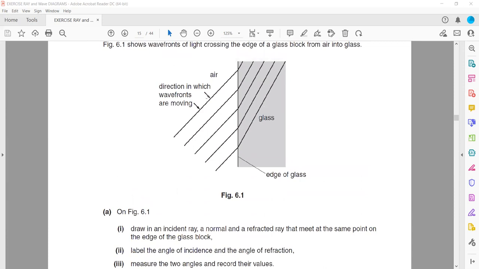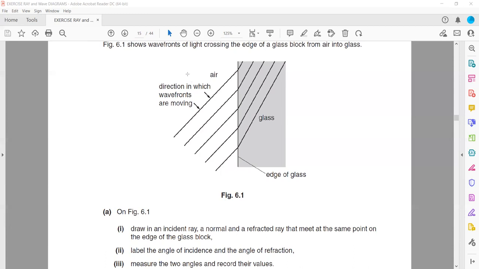So we want the incident. How to draw the incident? As I mentioned, the direction of the wavefront and the direction of the wave are always perpendicular.